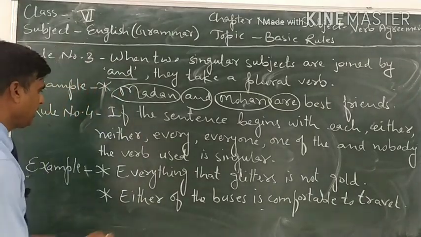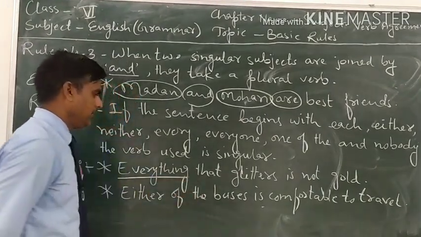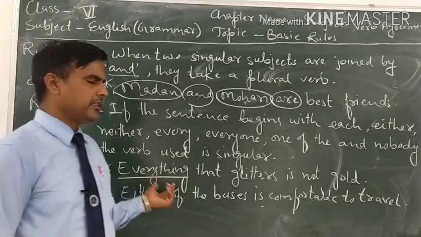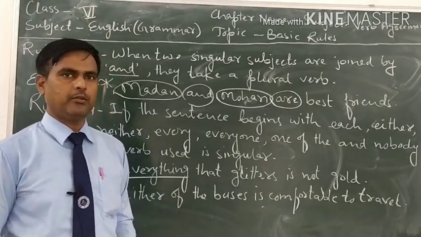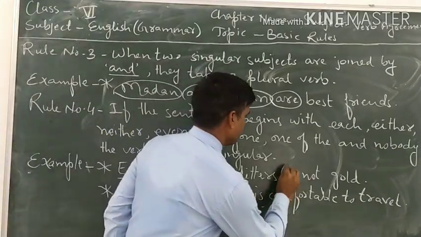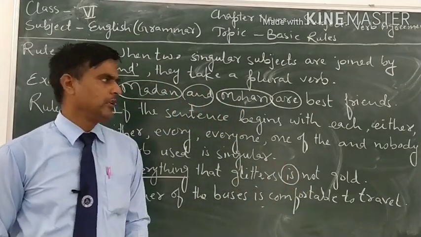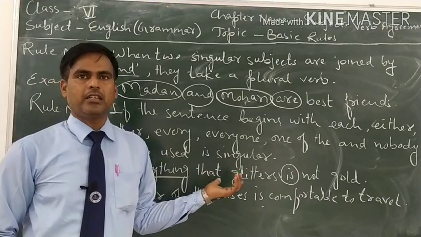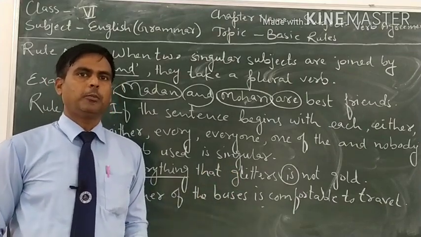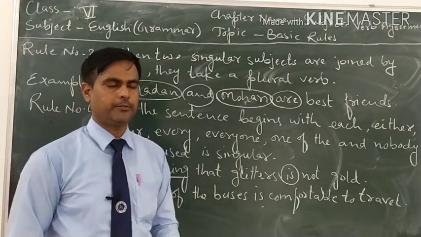For example, everything. In the beginning of the sentence, the word everything is used. Because of this everything, we will use a singular verb. Everything that glitters is not gold. It seems that the subject is plural, but it is a singular subject.